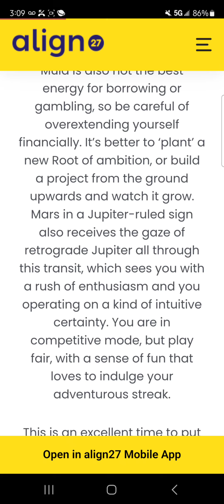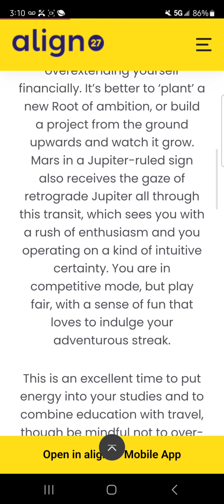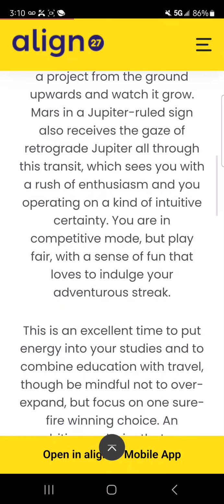Everything's big in Jupiter, so that's going to expand the energy of Mars. It also receives the gaze of retrograde Jupiter all through this transit, which sees you with a rush of enthusiasm and operating on a kind of intuitive certainty. You are in a competitive mode, but play fair with a sense of fun that loves to indulge your adventurous streak.